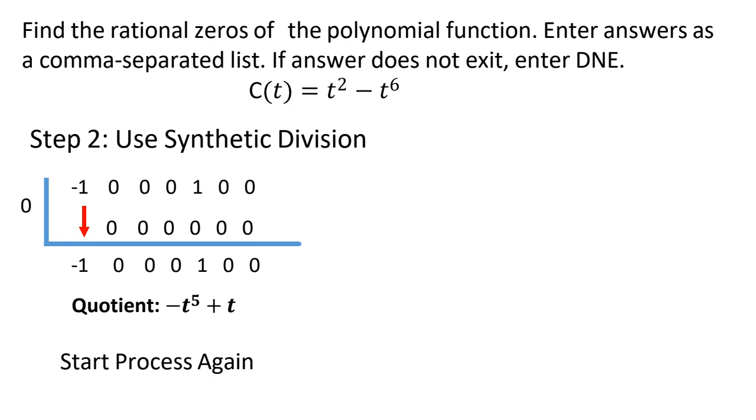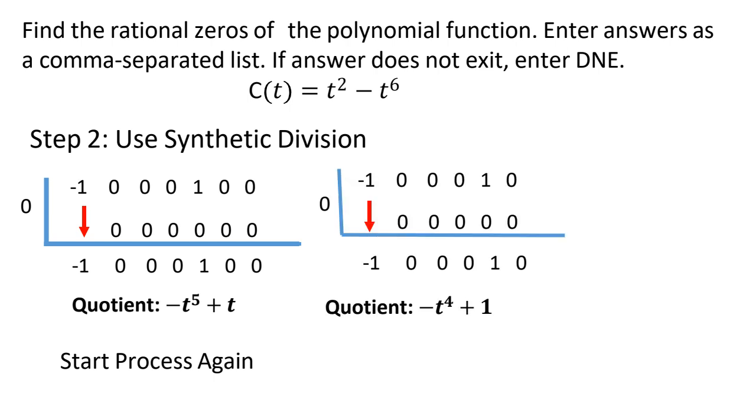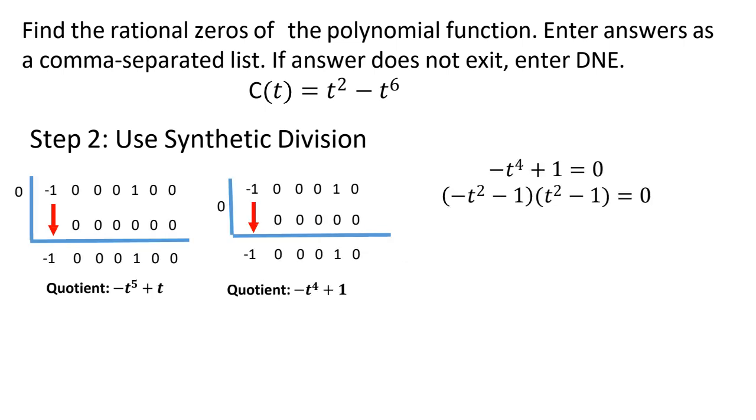So I'm going to do synthetic division again, using 0 again. And again, I'm going to have a 0 for the remainder. So my quotient is now -t to the 4th plus 1. I just lowered it one more time. So let's keep on doing it until we can simplify it. Or actually, I could stop here, but I think we can try it. No, let's stop here.